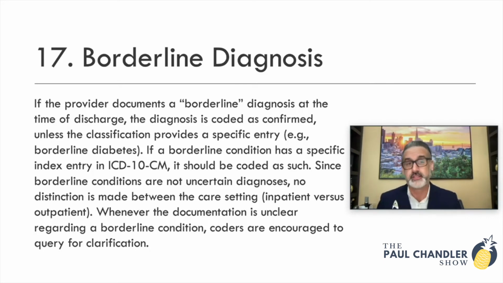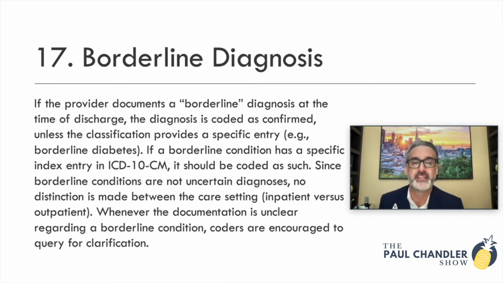So when a patient is being discharged, if they have that diagnosis notated as borderline, we as coders code it as a definitive diagnosis. We just assume, if you will, that it is a confirmed diagnosis.